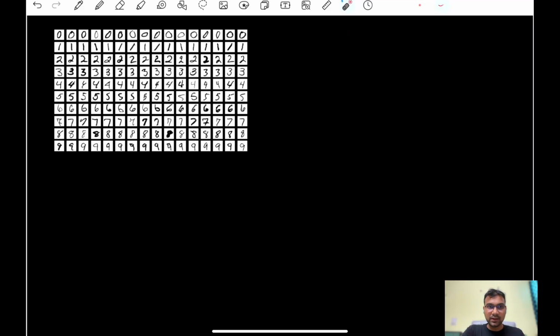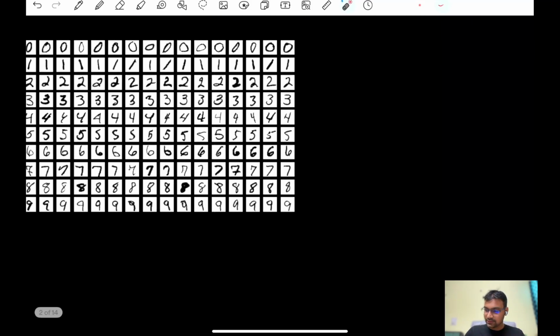I've taken an example here. Let's say our task is to recognize handwritten digits. Using traditional programming, it will be very difficult. There have to be n number of conditions for each case, for each pixel pattern, but still we are going to miss some of these.